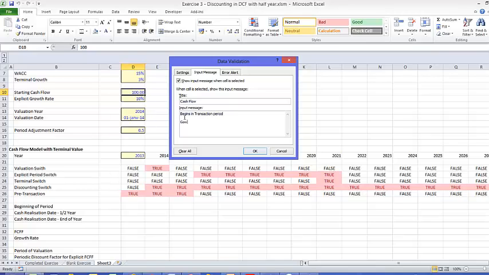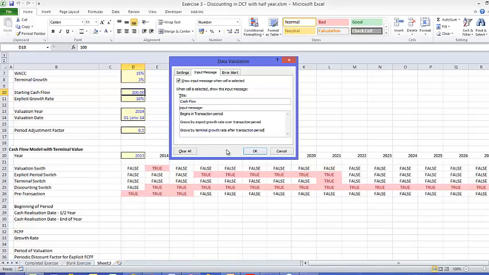This grows by the explicit growth rate over the transaction period, and it grows by the terminal growth rate after the transaction period.